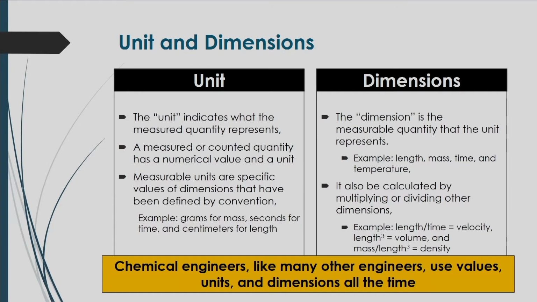Chemical engineers, like many other engineers, use values, units and dimensions all the time for the analysis of process efficiency based on certain models or mathematical expressions. And you will see that different systems of units are available to represent those mathematical expressions or quantities of the variables used for process analysis.